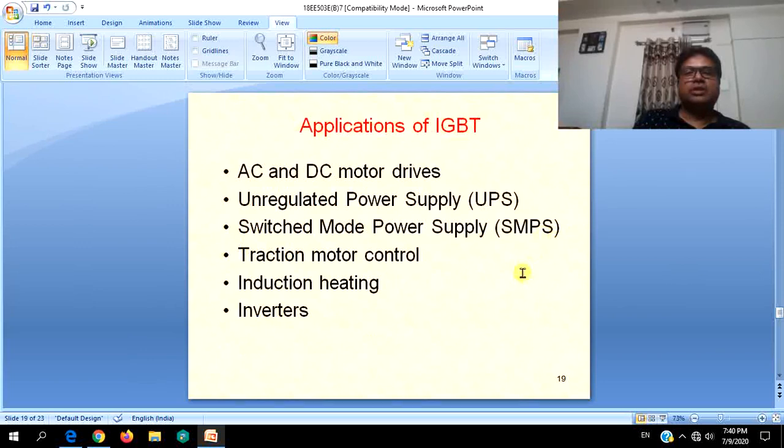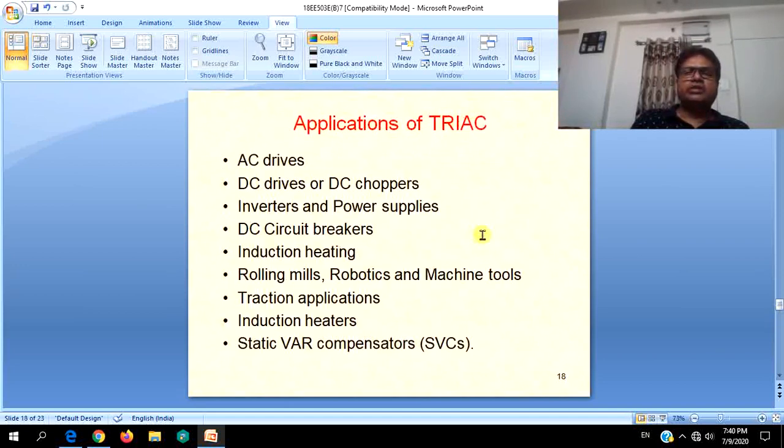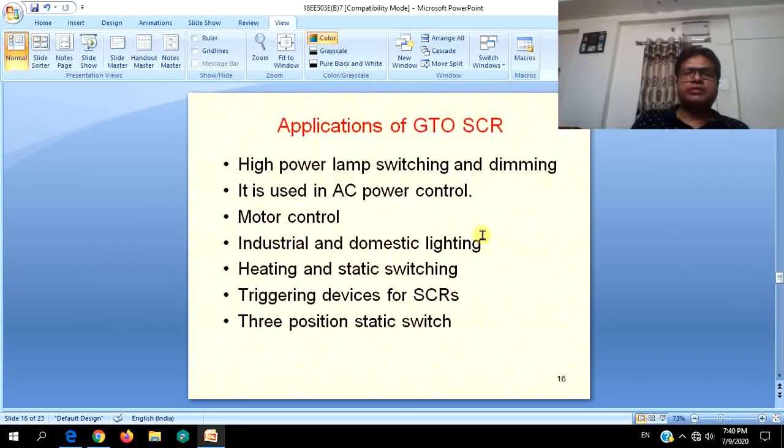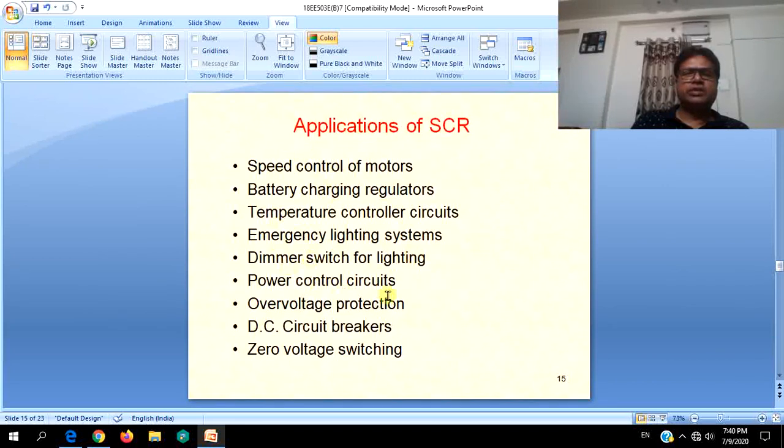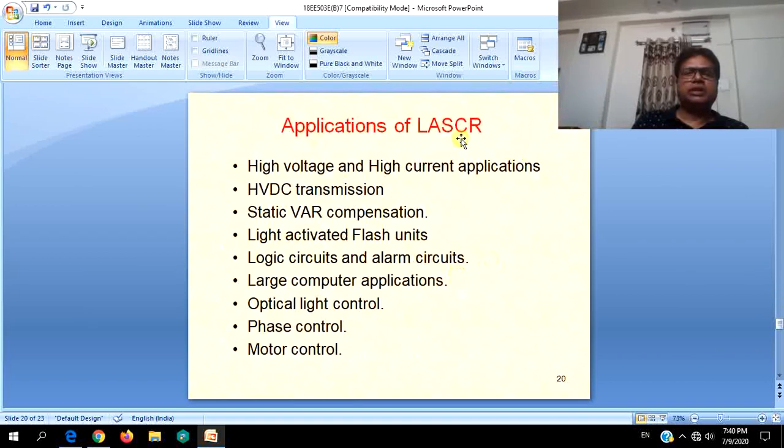And next comes LASCR, which is nothing but light activated SCR. Again, quite similar to the SCR applications, for all those same things, LASCR can also be used, but the added advantage of LASCR is that electrical isolation can be provided.